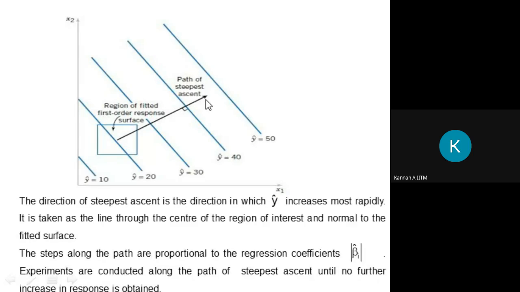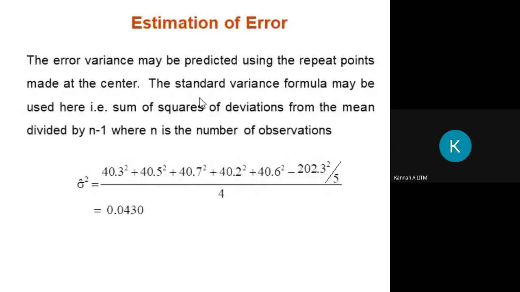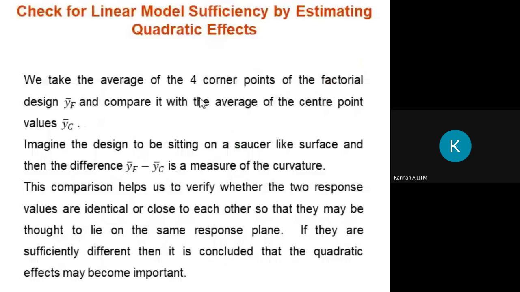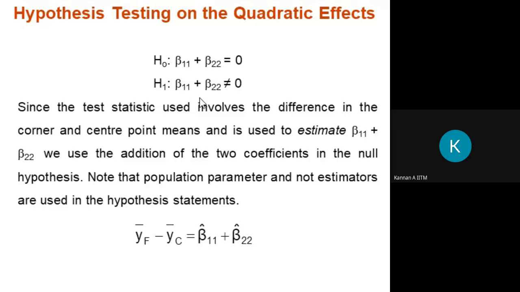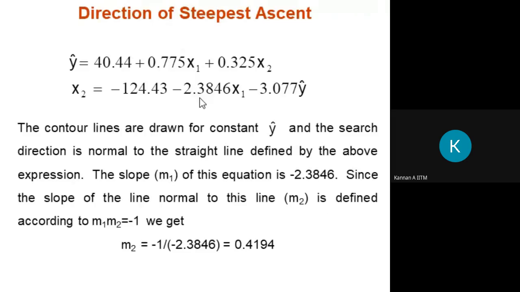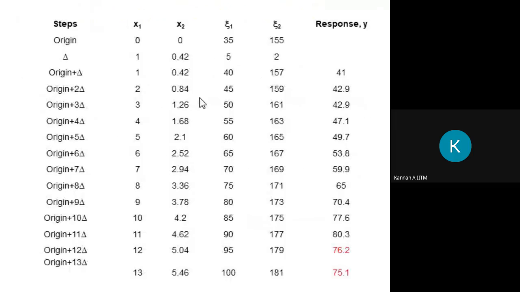So for simplicity, you can still pursue this particular direction, and that is what the chemical engineer who was doing the reaction experiments has done. She increases the values by 5 minutes for time and 2 degrees Fahrenheit for temperature.